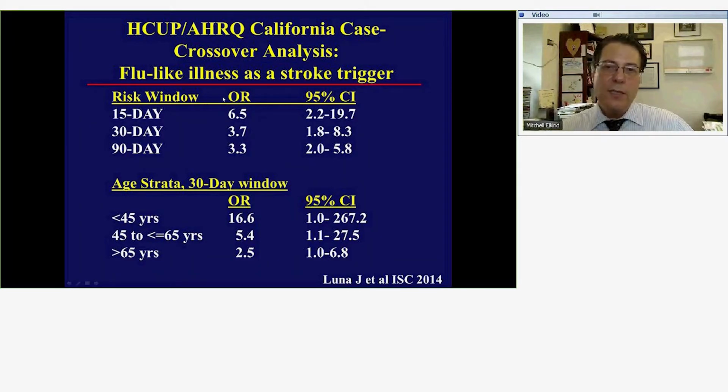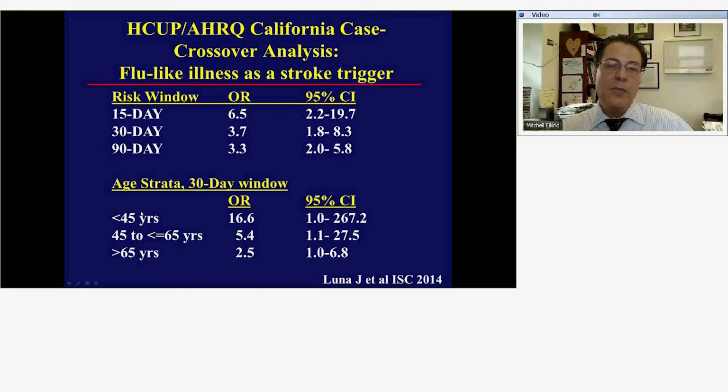So when Jorge did his case crossover analysis, he also found that the shorter the time window, the stronger the association with risk of stroke. This is also adjusted for season because that can impact the occurrence of flu, of course. But because it was such a large cohort, he was also able to look at different age strata.